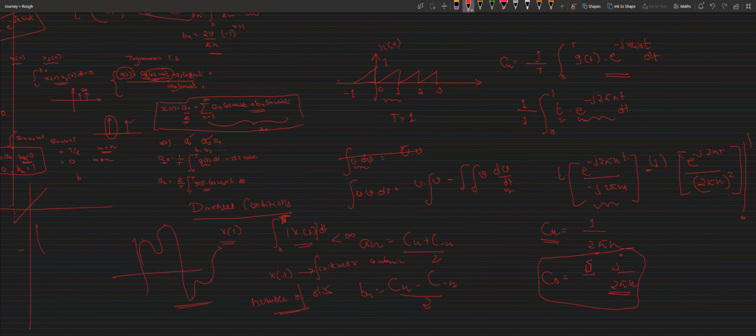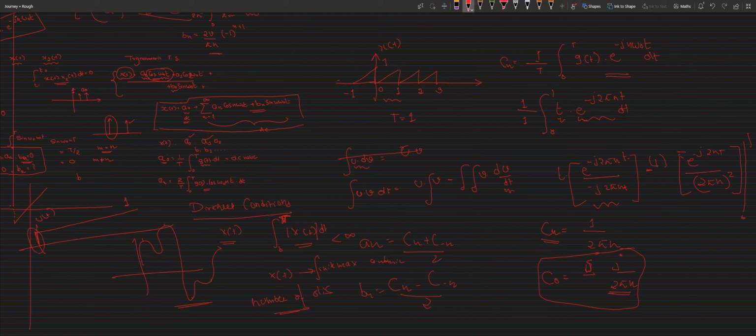In the sense, if I consider u of t, the discontinuity is only at 0, then always 1, correct? So this discontinuity is finite. So the number of discontinuities should be finite. These three conditions should be satisfied.